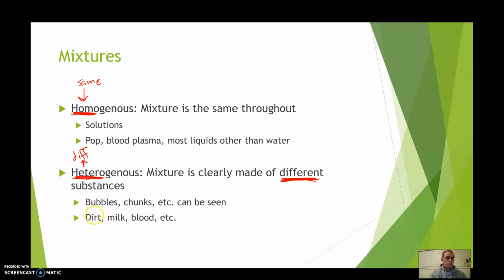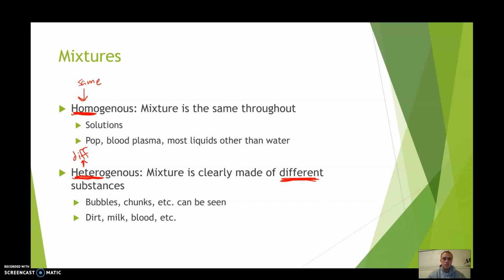Okay, here's some other examples. Dirt, obviously, you've got small rocks, different types of dirt, things like that. Blood, that's a good one, with the solid blood cells versus the liquid plasma of the blood.